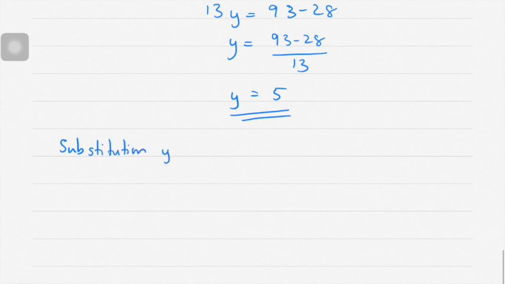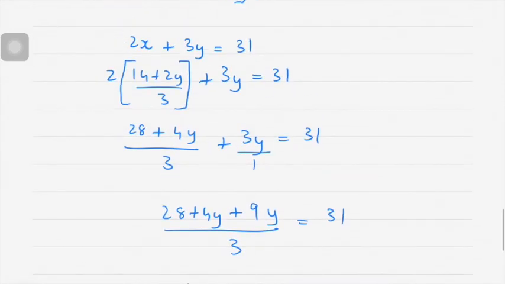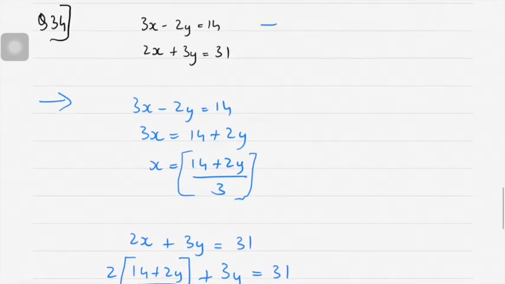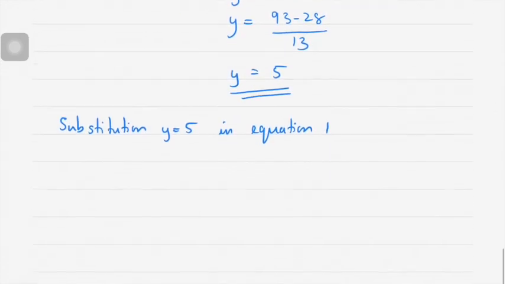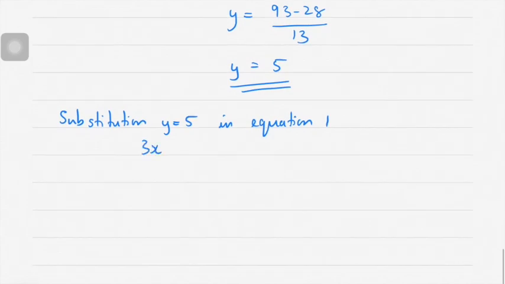Substituting y is equal to 5 in equation 1, 3x minus 2y is equal to 14, correct?